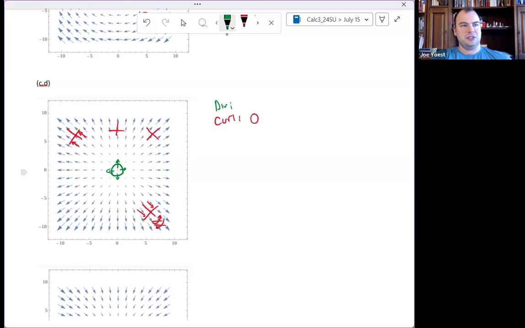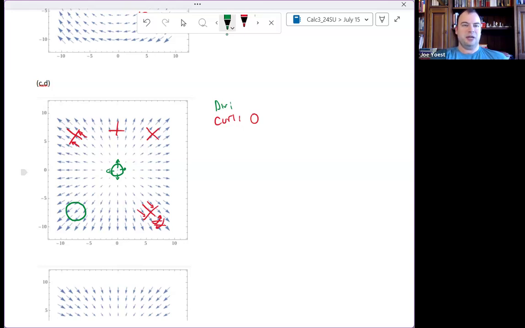Is that just at 0 or does that happen everywhere? Well, if I look at a circle out here, again, I would think of this as being a pretty small circle, but I'm drawing it bigger for illustration purposes. Here it's a little less clear because I have some vectors, namely on the top right of the circle, that are flowing in, going in towards the quote sink, maybe making it act like a sink in that direction.